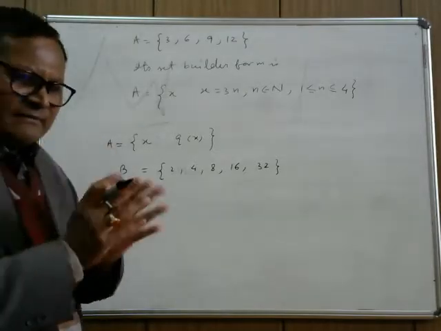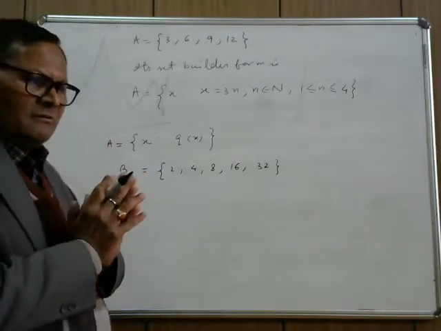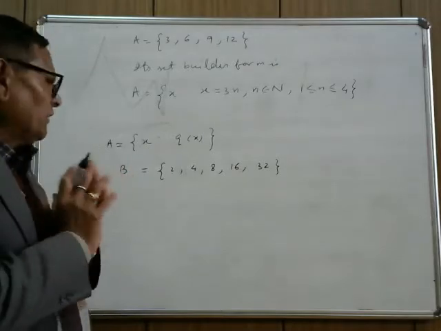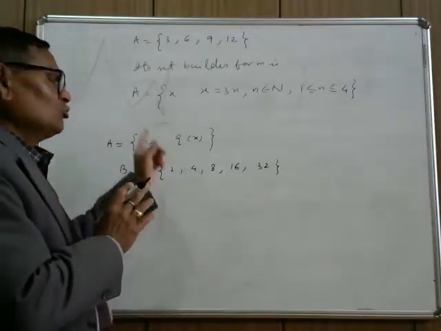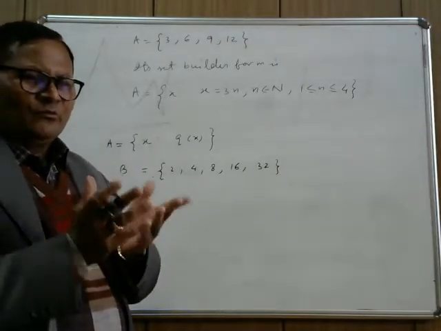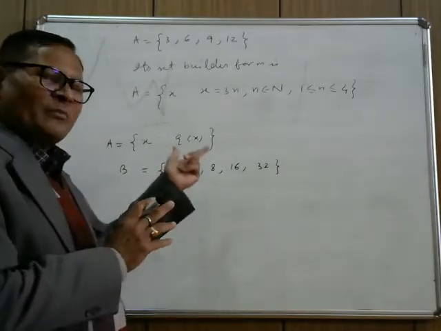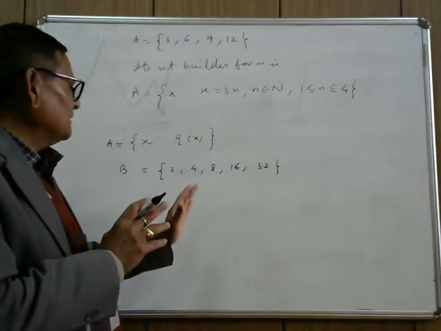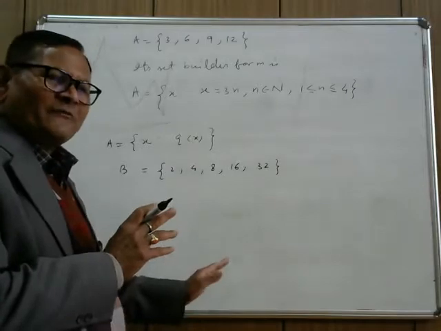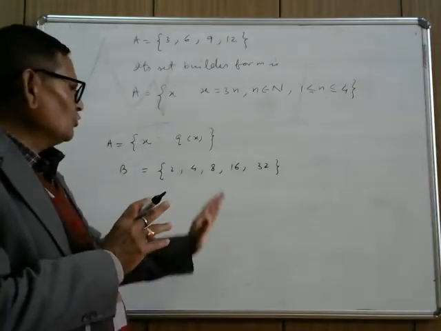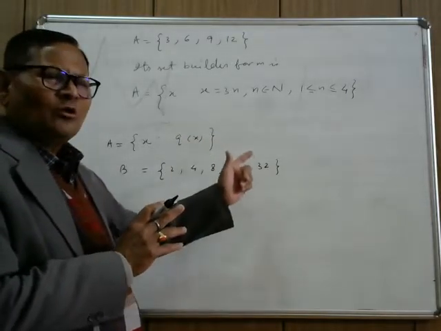What is the pattern given in the question? Observe that here, 2 to the power 1 is 2, 2 to the power 2 is 4, 2 to the power 3 is 8, 2 to the power 4 is 16, 2 to the power 5 is 32.